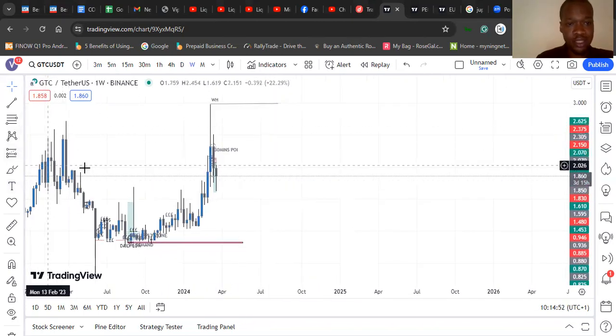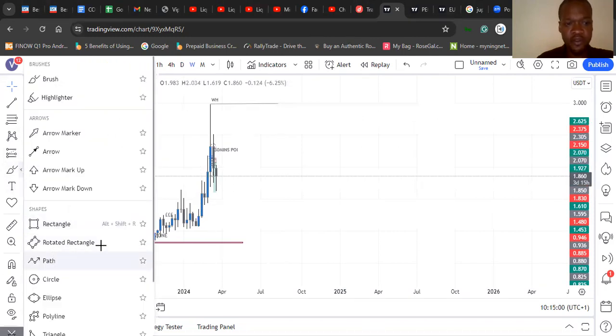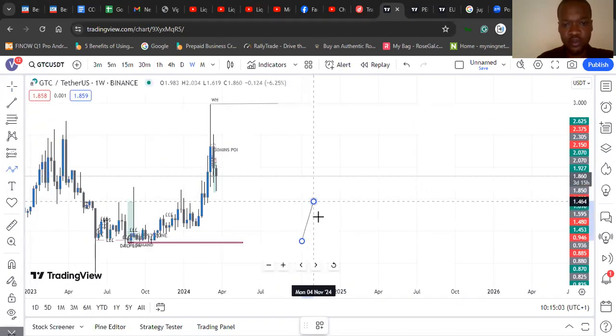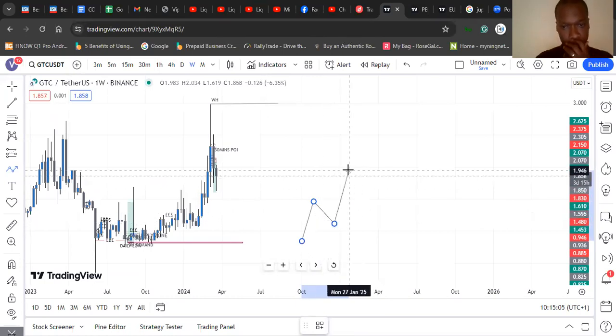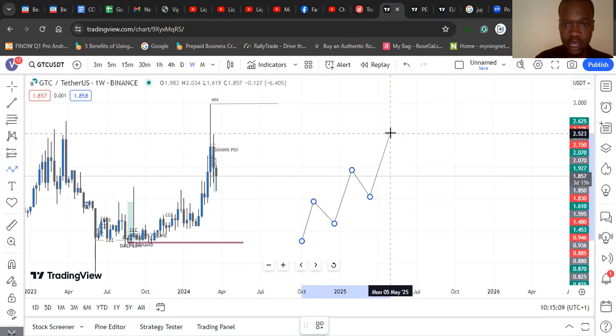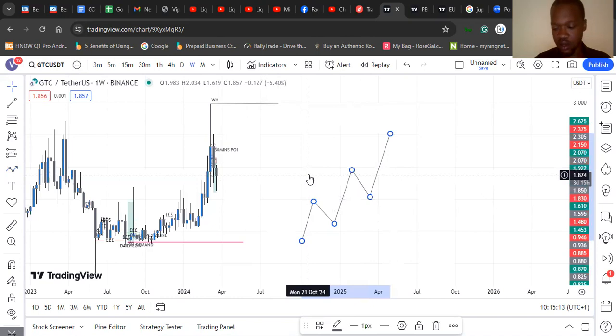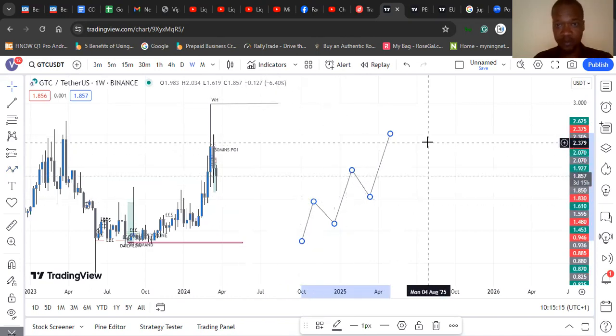So now, what does the external do? That's the higher time frame. It's basically showing you the overall move of the market. Meaning, let's just say we are in an uptrend, for instance, on the higher time frame, the weekly time frame.